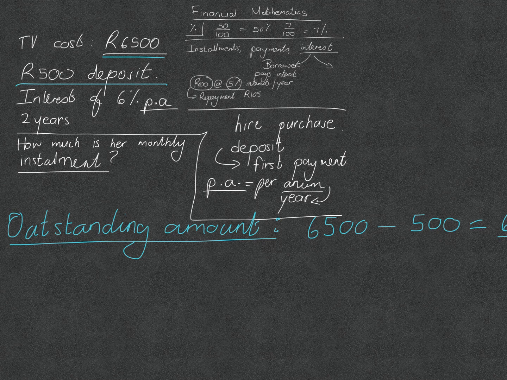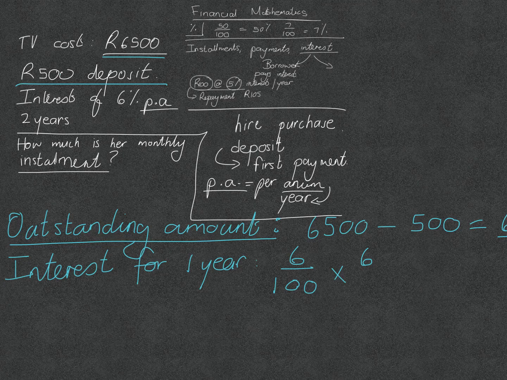Now, let's calculate the interest that she is going to pay per year, for 1 year. Remember, for 1 year. So what are we going to calculate? We're going to calculate the interest for 1 year. And that is 6%, which we write as 6 over 100 times 6,000 over 1.